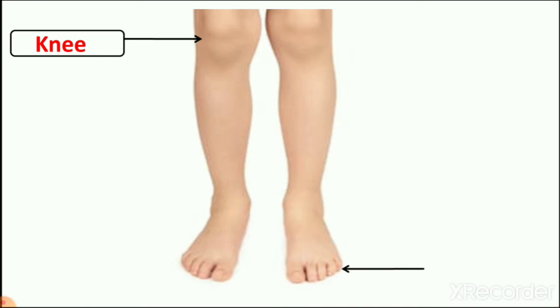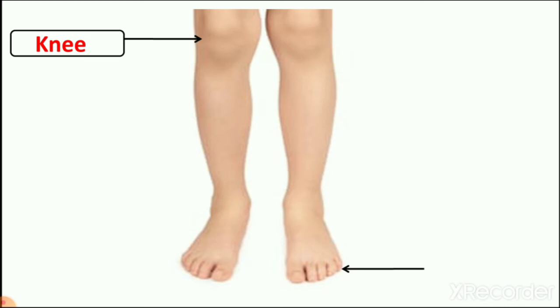So here you can see that these are toes. So legs are the same as hands. We have 10 fingers in the hands and 10 fingers in the legs also. These are all known as toes.